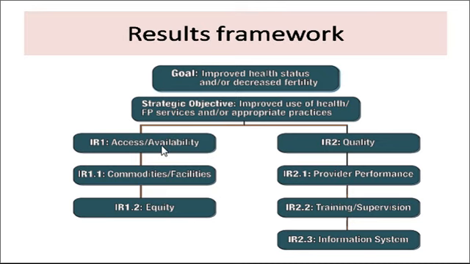People will have to have access to that service which is being delivered. That means there has to be a health center in the vicinity, and the medicines should be available in that health center. So one is access and availability, the other is quality.